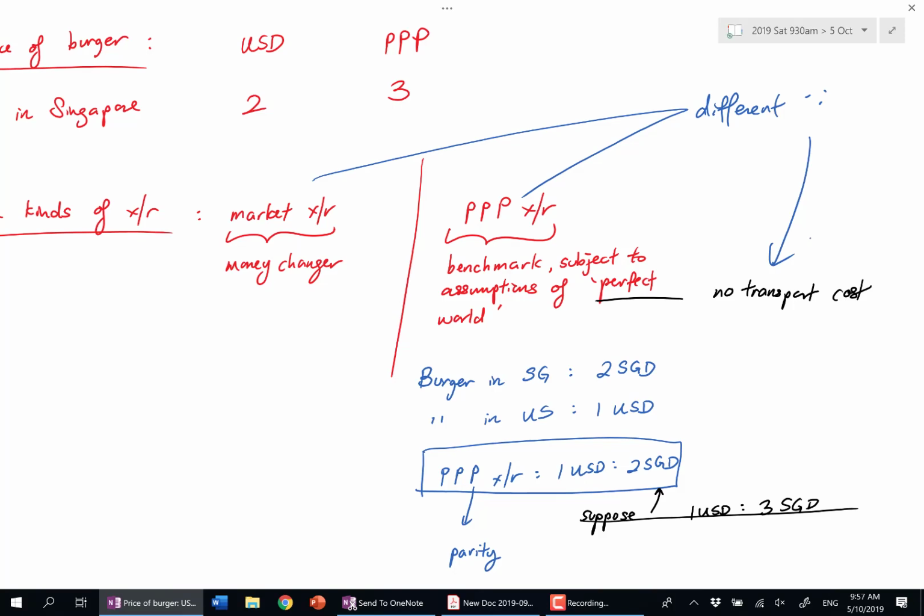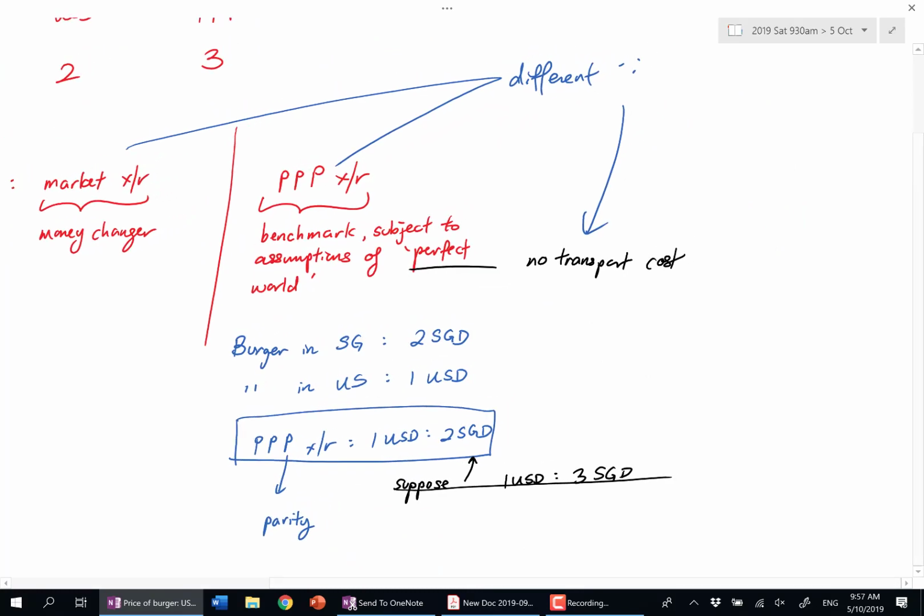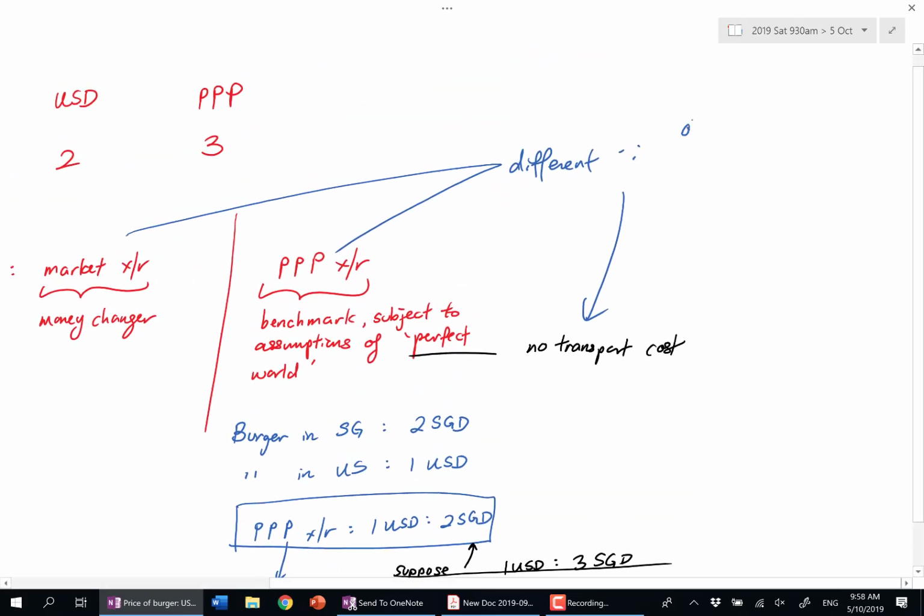Okay with that? And that is a very good start, because if you know that they are different, observing the difference helps you see two things. Number one, whether a currency is over or undervalued.